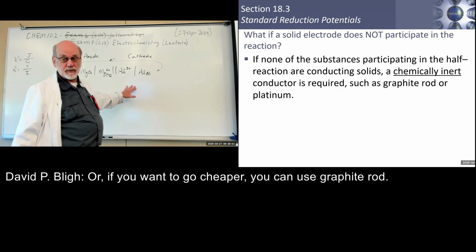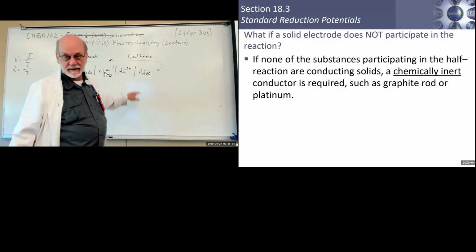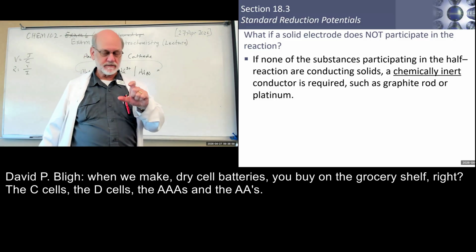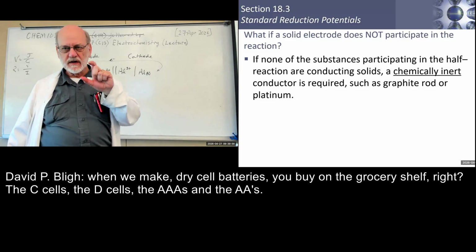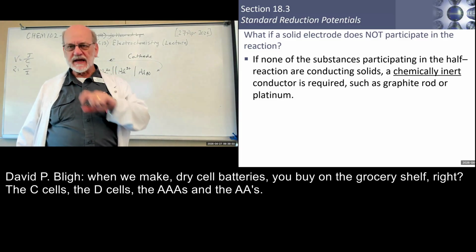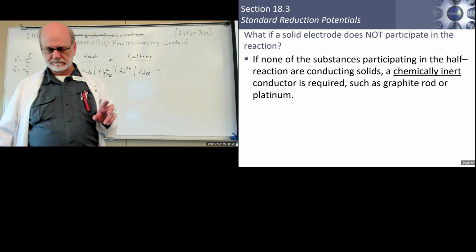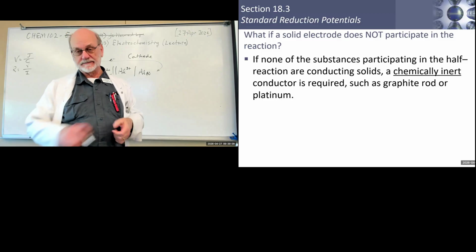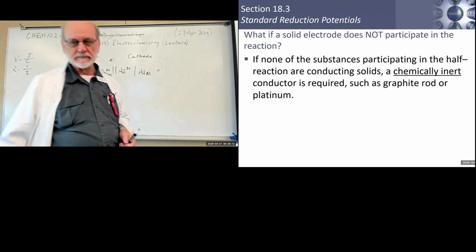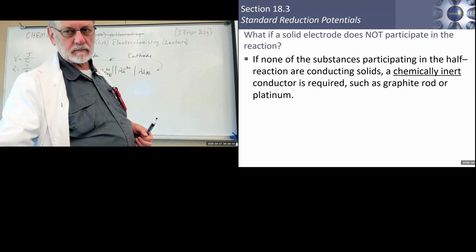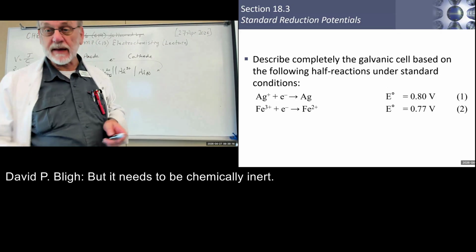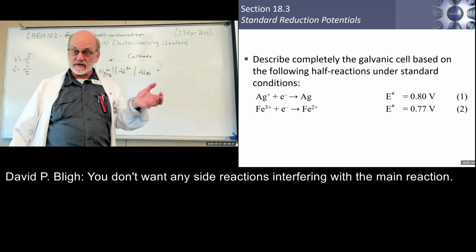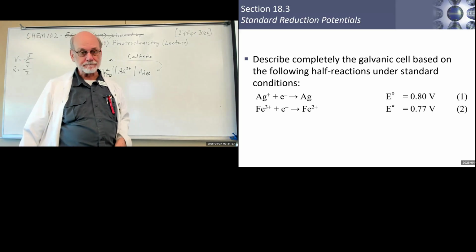Or if you want to go cheaper, you can use a graphite rod. When we make dry cell batteries you buy on the grocery shelf, the C cells, the D cells, the AAAs and the AAs, the electrode in those cells is graphite because it's cheaper. But it needs to be chemically inert. You don't want any side reactions interfering with the main reaction.